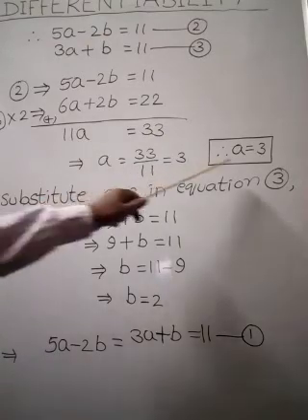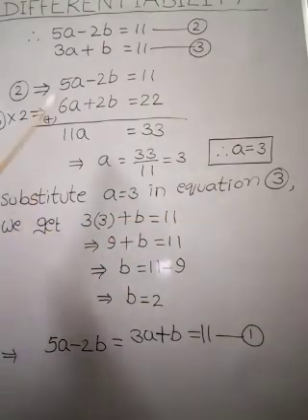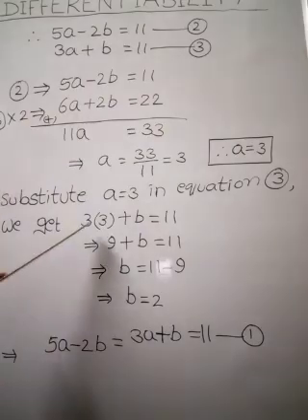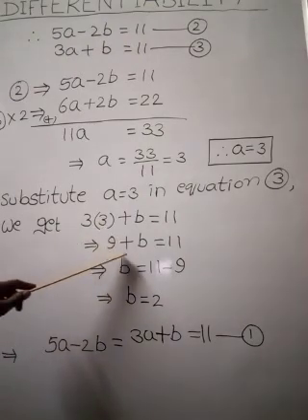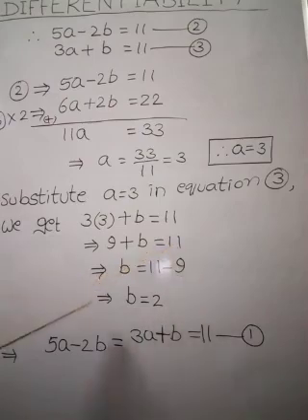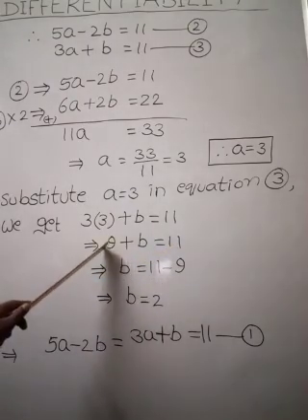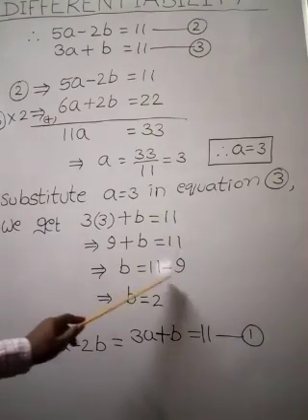Now we substitute the value of a in the equation 3. I am substituting a is equal to 3. So 3 into 3 plus b is equal to 11. Understood, my dear children? Right. This implies 3 into 3, what will you get here? 9 plus b is equal to 11. This implies b is equal to 11, we are sending this 9 to RHS, it becomes minus 9.